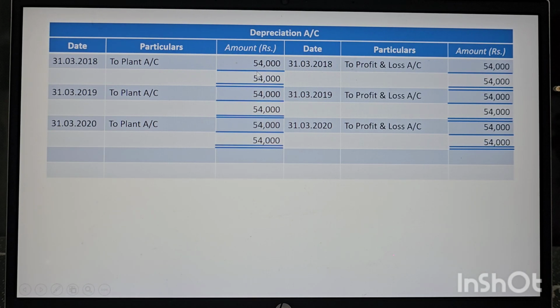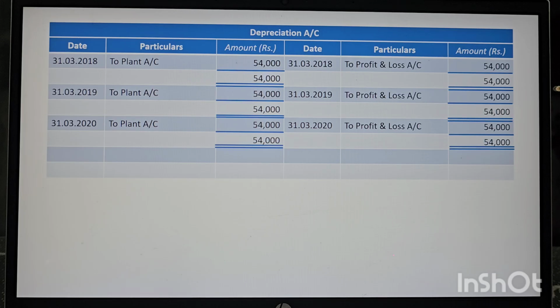Now, since depreciation account is an expenditure account, over here what we are going to do is transfer this cost of depreciation to the profit and loss account. So the amount will be transferred to the profit and loss account as the balancing number.